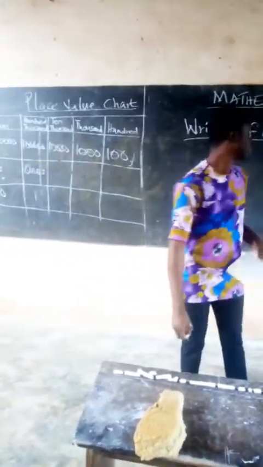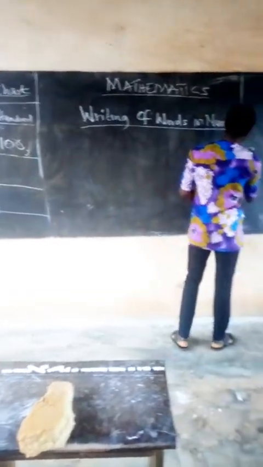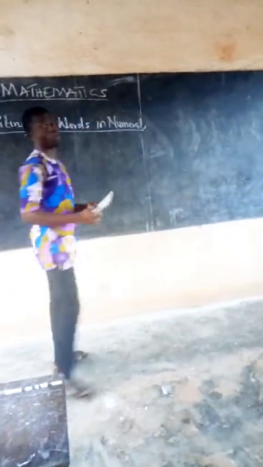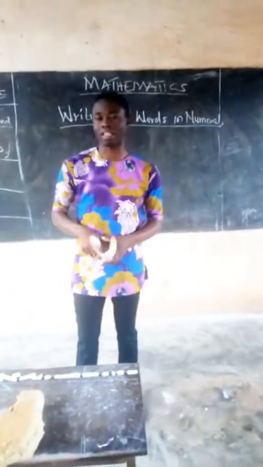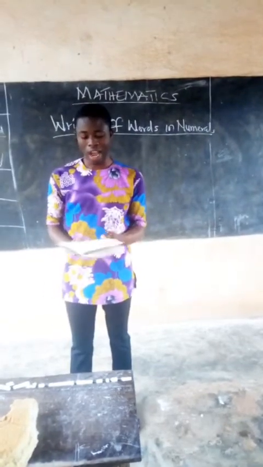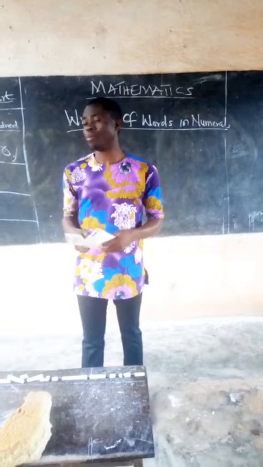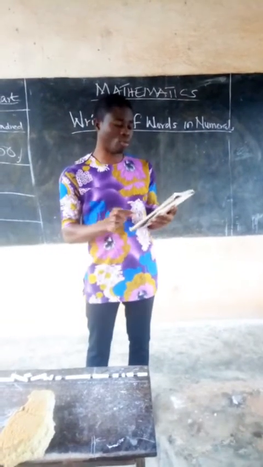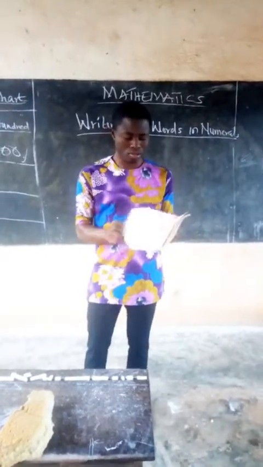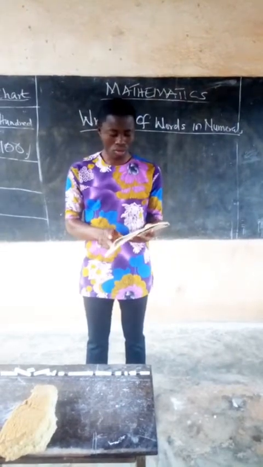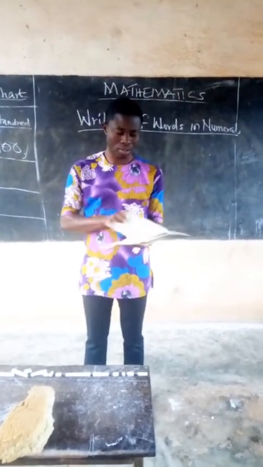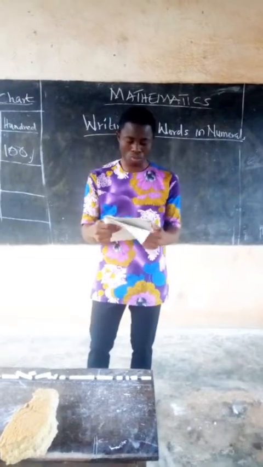We start from left to right. So we are going to take some examples under writing of words in numerals. Example 1.